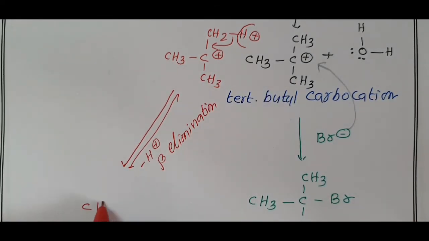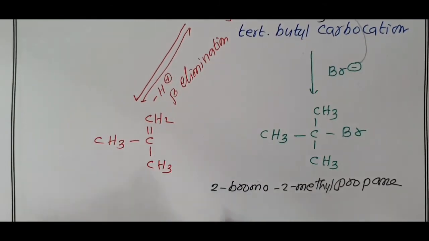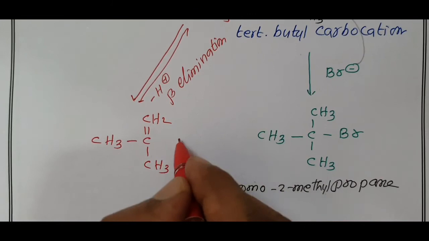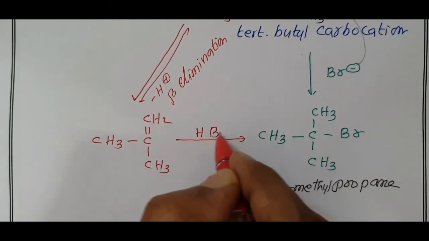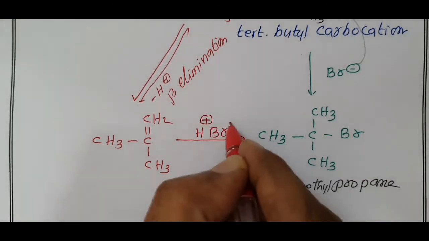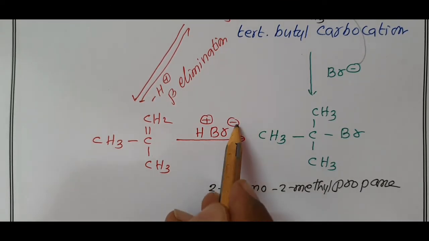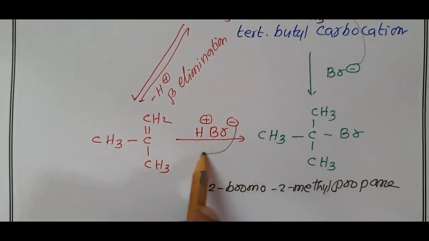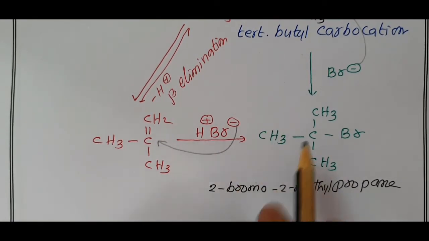What is the molecular formula? CH3, C, double bond CH2, here you have one CH3. It may give an alkene. The alkene again undergoes addition reaction based on the Markovnikov rule, with H plus Br minus. What is the Markovnikov rule? The negative part of the molecule is added to the double bonded carbon atom which contains a lesser number of hydrogens or no hydrogen.